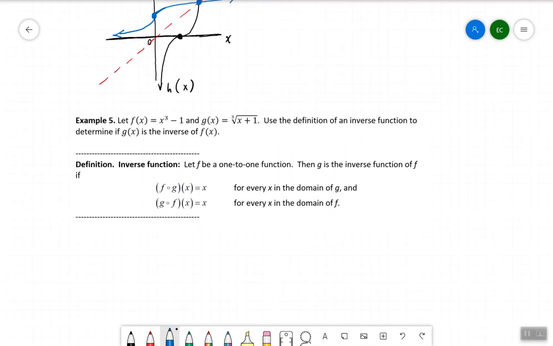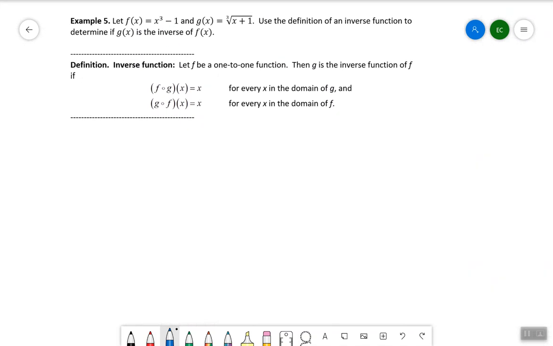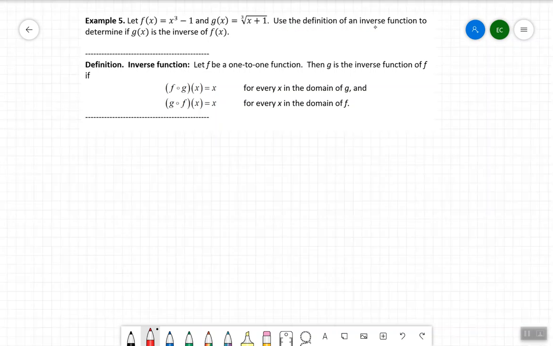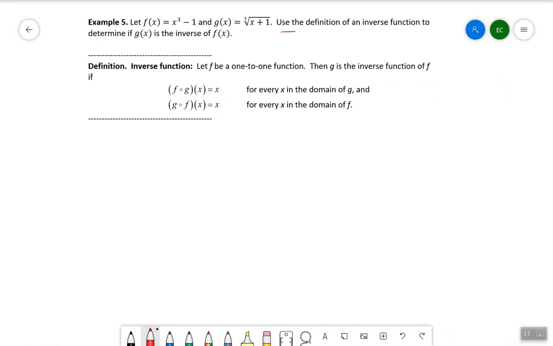Okay, in example 5, let f of x equal x cubed minus 1 and g of x equal the cube root of x plus 1. We want to use the definition of an inverse function to determine if g is the inverse of f. And so this is a problem we haven't done before. Notice the directions are real specific. Use the definition of an inverse function to determine if g is the inverse.